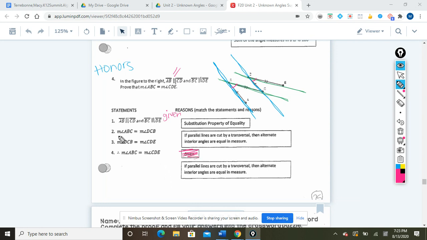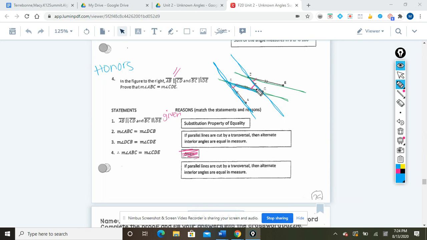Then it says the measure of ABC is equal to the measure of DCB. So what you need to do is ignore all this for a second. Put your hand over it, do something. I'm putting my hand over it, but you can't see my hand in the video, and I don't want to color it out. Right? All we're looking at is these blue parallel lines, and this being our transversal.